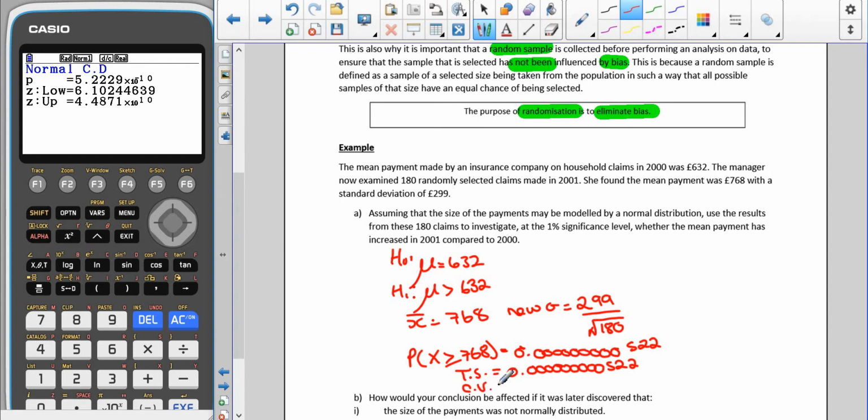So for the critical value, it's a one-tail hypothesis test, so it's just going to be the same as the significance level, so 0.01. And then as the test statistic is smaller than the critical value, we're going to reject H0 at a 1% significance level.